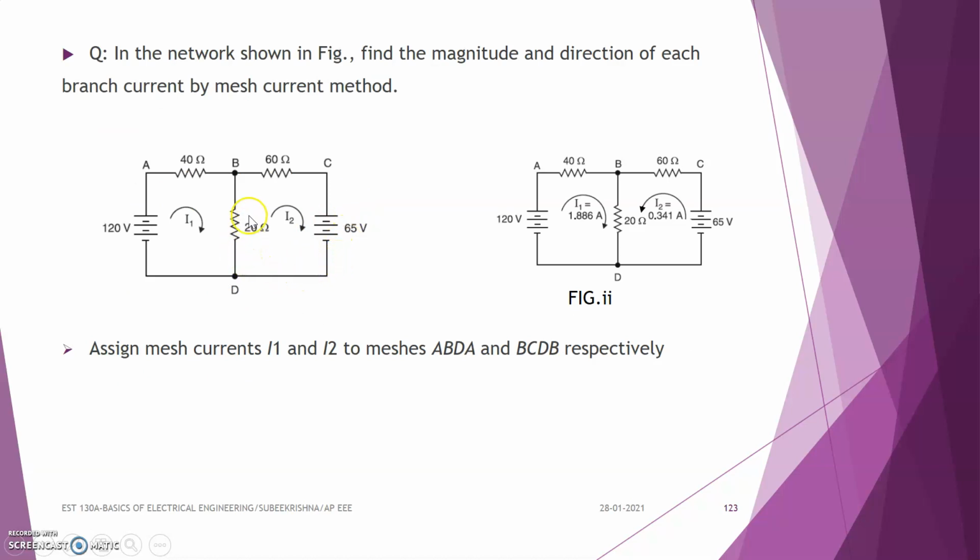And next is the 20 ohm, which is common to the first mesh and second mesh, so the voltage drop can be taken as minus 20 into I2 minus I1. Here we are considering the second mesh, so we give importance to the second mesh current; I2 minus I1 is the current flowing through this 20 ohm resistance.